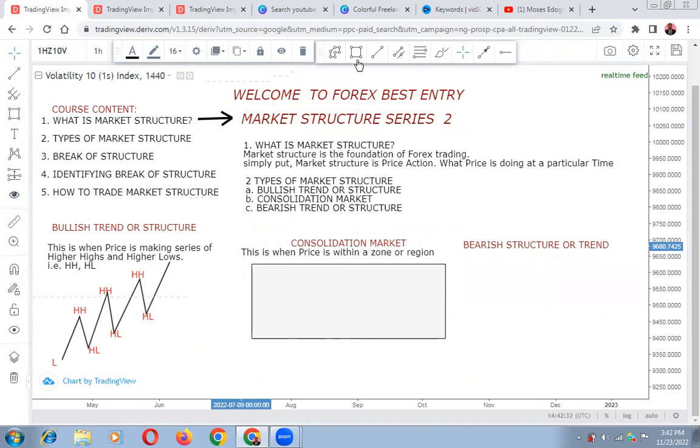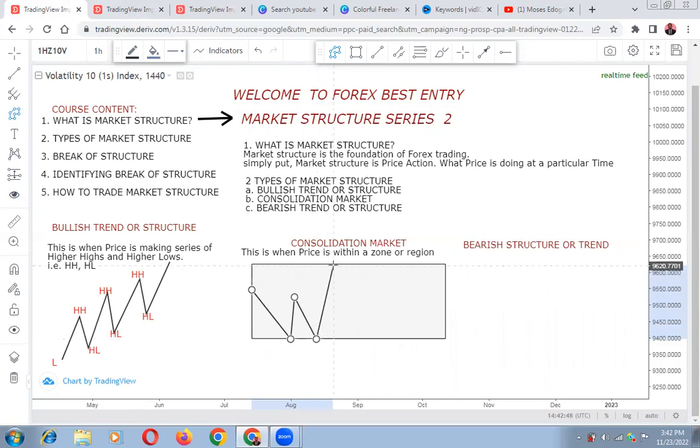So you can have something like this. Price moves from here and then comes here, taps here, goes here, taps here, comes back to this place, taps here. Then retail traders go in for the double bottom. Price comes here, gives something like this, maybe like this. It's just within that zone.